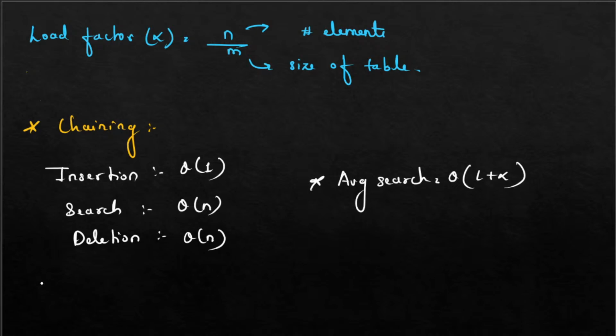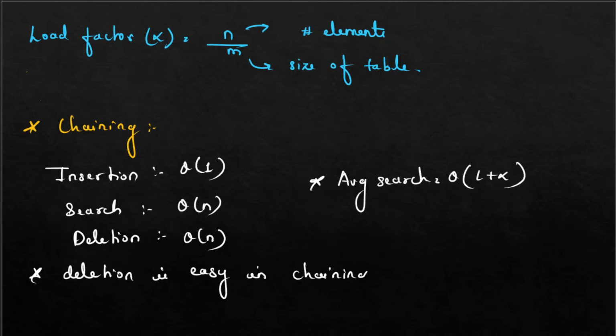Okay, now the point which you should note is deletion is easy in chaining. Deletion is easy in chaining. And pointers are required here.